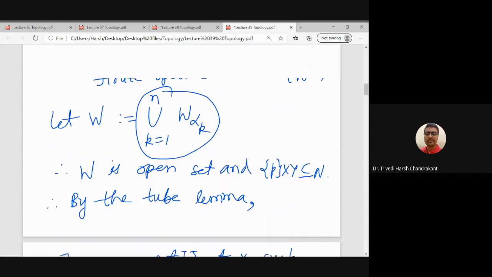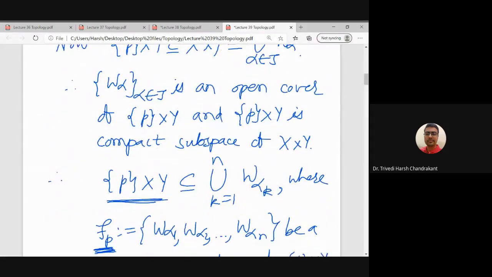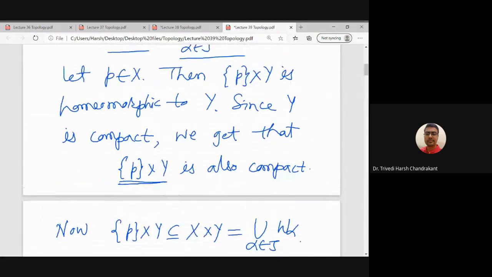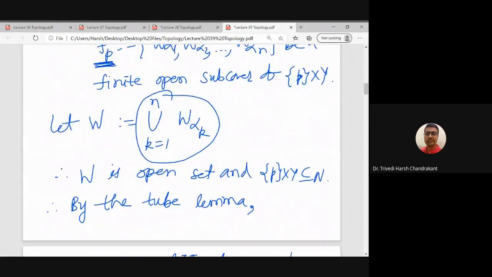Because we started with the point P belongs to X, right? So whatever we have discussed depends on which point P we are choosing.